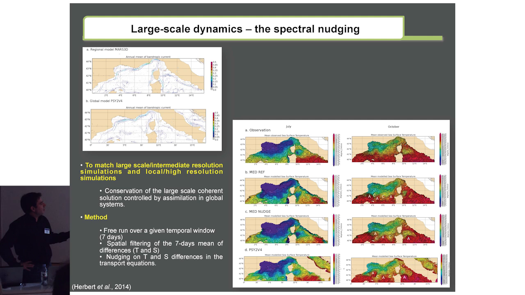This is the observations. This one is the free run with the coastal model. This is the coastal model with spectral nudging, and this is the large scale simulation, which is low resolution. And then what you see here, just for one example, you see that in the free run coastal model, you have an anticyclone, cyclone, anticyclone, cyclone.